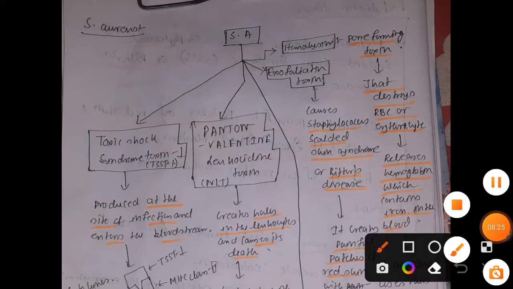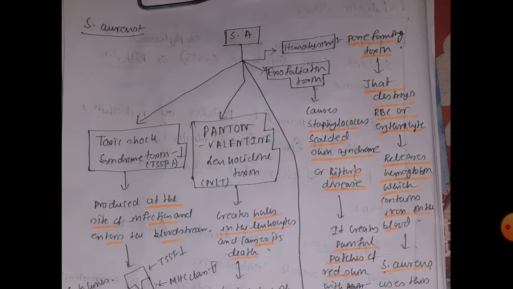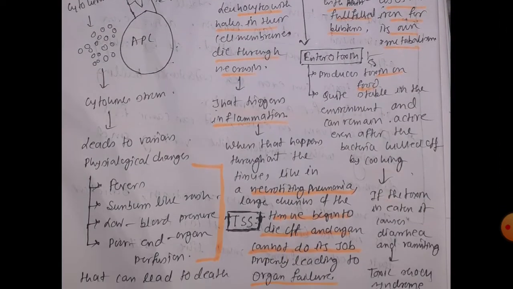The third one is exfoliatin toxin. This exfoliatin toxin causes staphylococcal scalded skin syndrome or Ritter's disease. This Ritter's disease has painful redness in skin or blisters. And the last one is hemolysins. These hemolysins cause destruction of the erythrocyte or red blood cell and cause the release of hemoglobin containing iron that our Staphylococcus aureus can use for their own purpose.